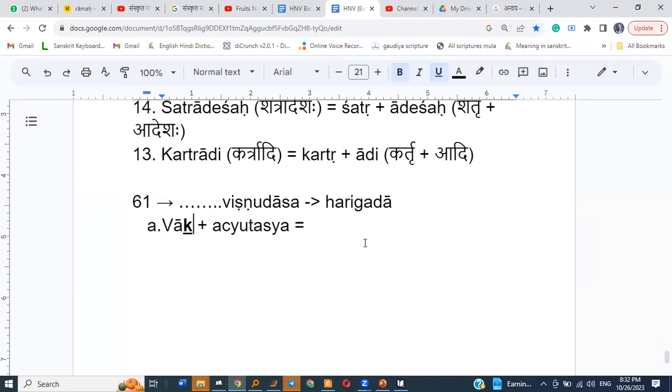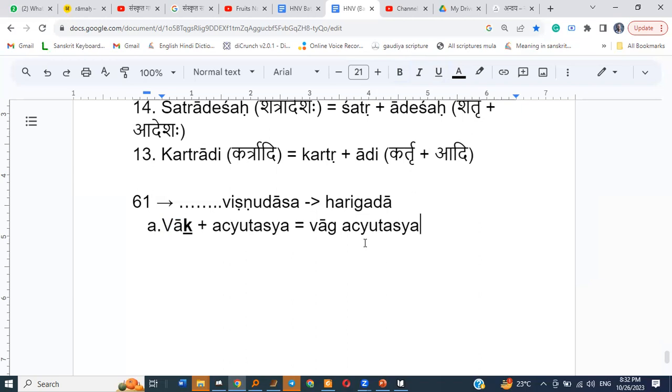So what will be the Harigada for Karama? Ka, Kha, Ga. Yes, it will become Ga. And that's all. So Vag and Achyutasya. The next letter remains as it is.